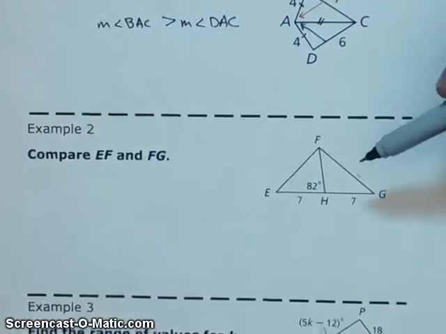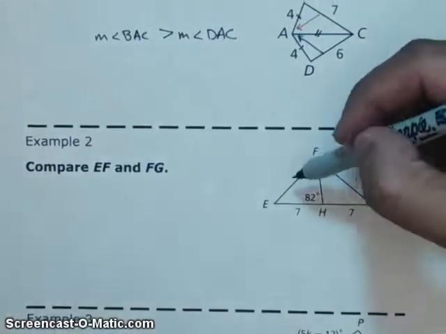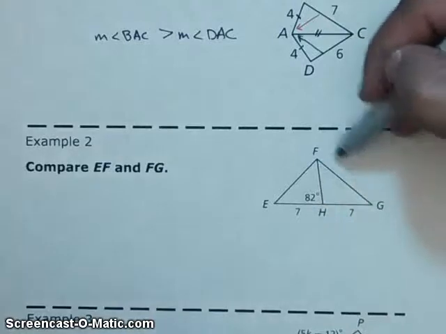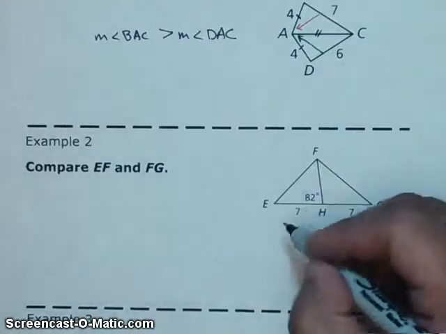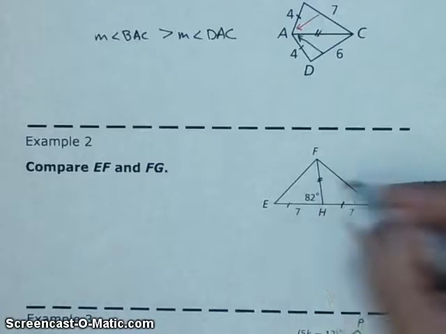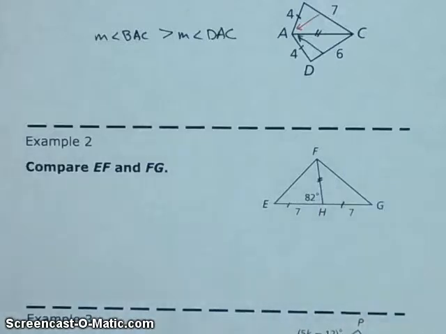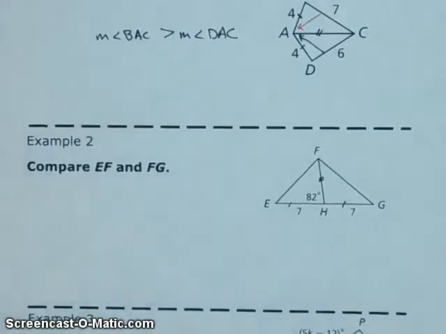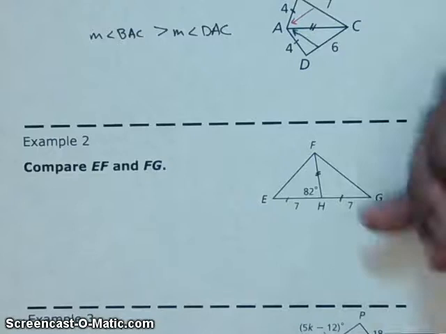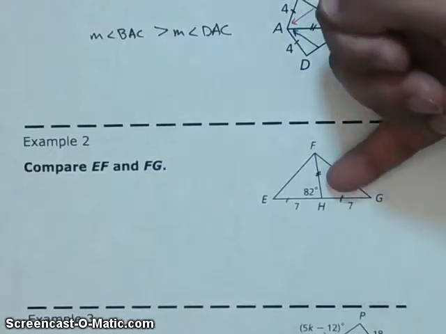Right, and if I look at example number 2, it's asking us to compare this side EF with this side FG. Again, notice that EH is congruent to HG and FH is congruent to itself. Alright, so first thing we have to do is find out what this angle is right here.